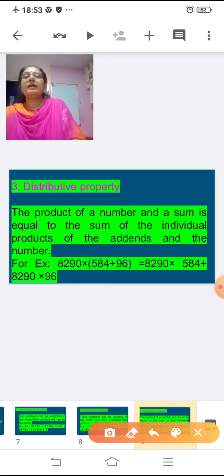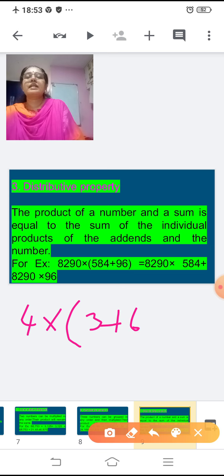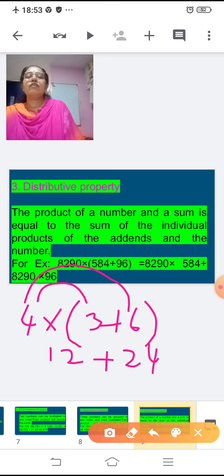Suppose I take 4 multiplied by 3 plus 6. That means I'll multiply 4 into 3, that is 12, plus 4 into 6, that is 24. And if I add these two, my answer will be 36.